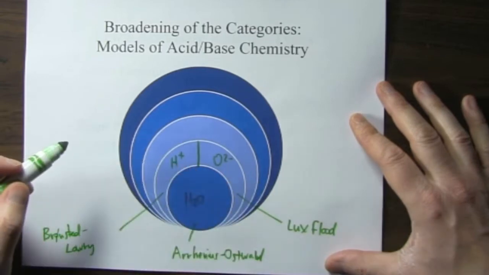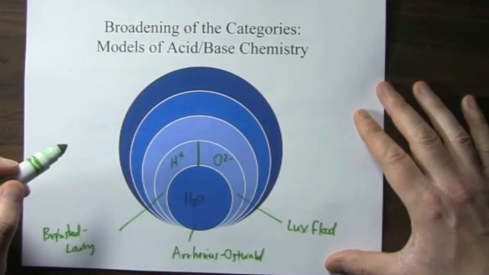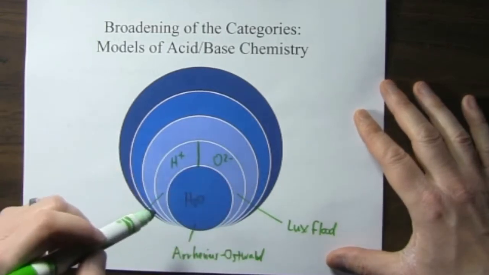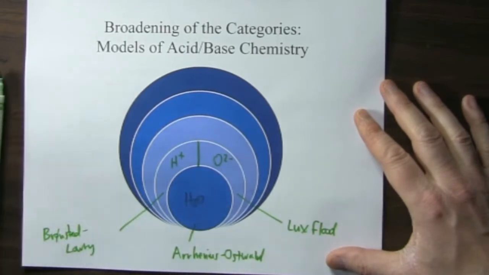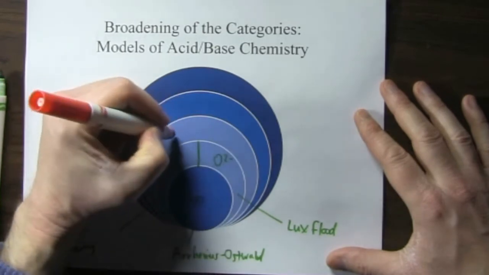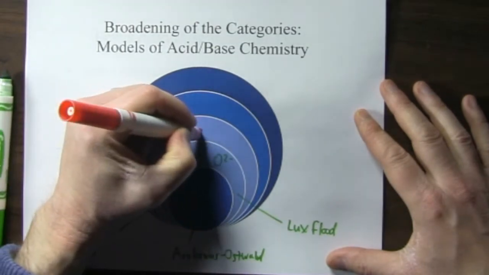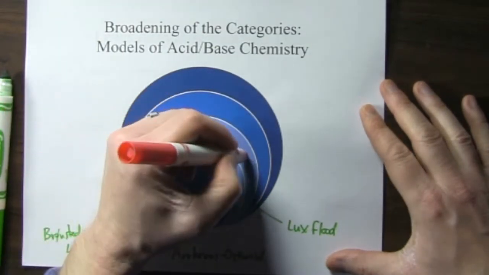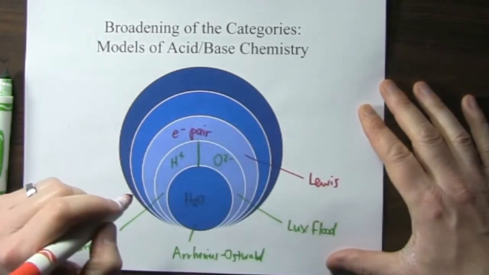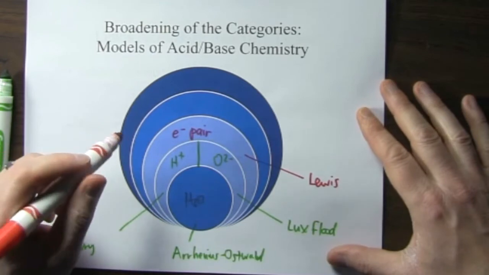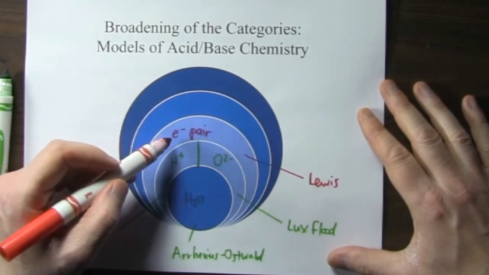Okay, a broader definition that still includes these ideas, that is what we're going to spend most of our time next talking about, and that's electron pair. That's the Lewis model, Lewis acid-base model. And then an even broader category would be to consider where the electron pair is coming from.